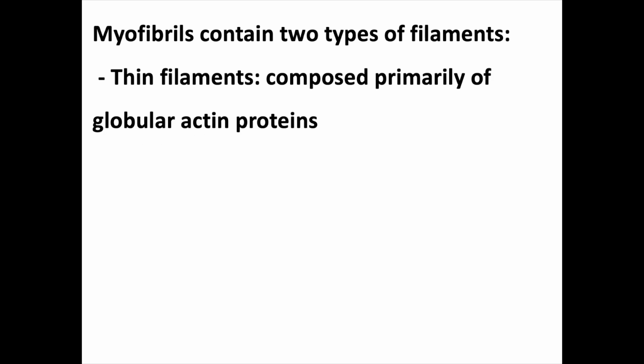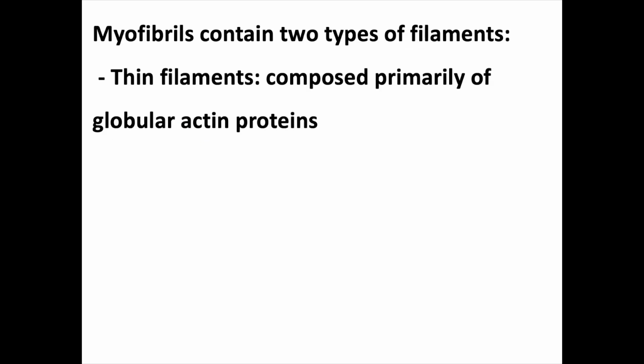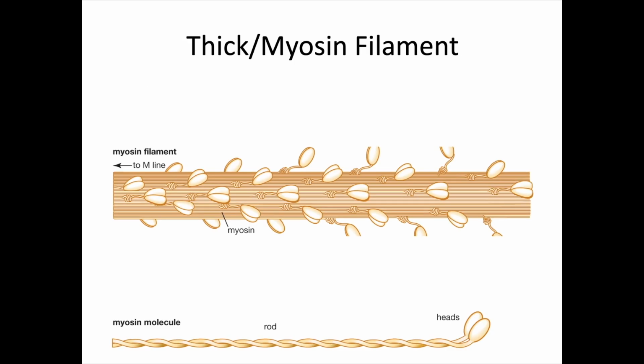I say globular because I know this is a cartoon drawing, but the basic shape of an actin protein, like most proteins, is vaguely spherical or globular. I'm pointing out the shape of the protein because this is in sharp contrast with the protein that makes up the other filament, the thick filament, also known as the myosin filament.